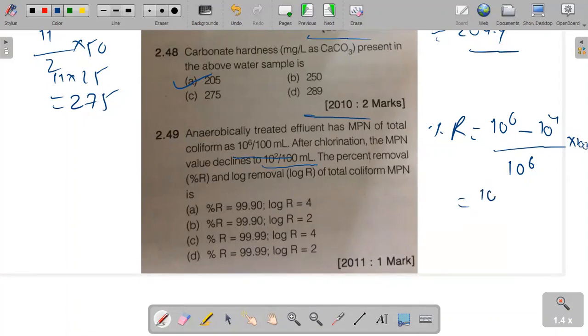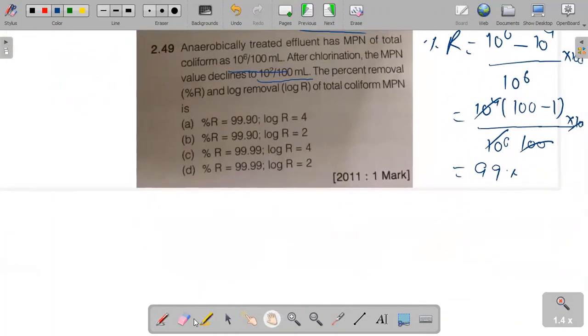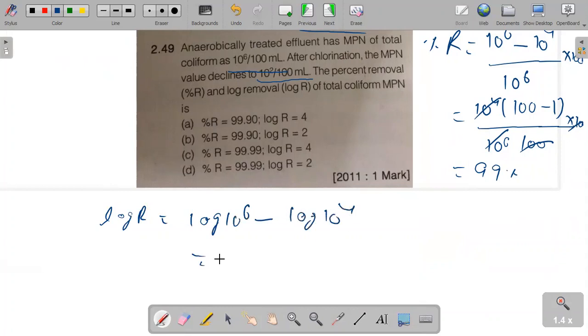Let's solve this. Multiplied by 100 and cancel this 100, and you'll get 99%. Okay, and let's find the log of this. So log R is equal to log 10 to power 6 minus log 10 to power 4, and we'll get 6 minus 4, which is equal to 2.